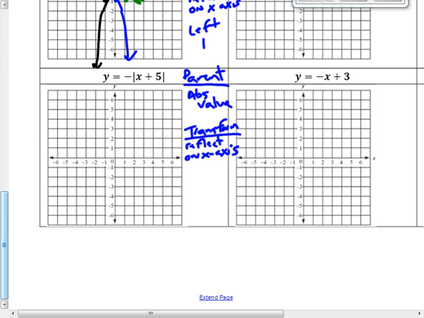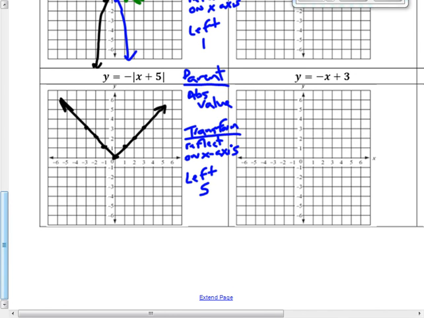Then I have a +5 on the inside, so that +5 actually means that I'm going to move it left 5. So my normal parent function looks like this, keeps going up 1 this way, up 1 this way, a nice little V shape.